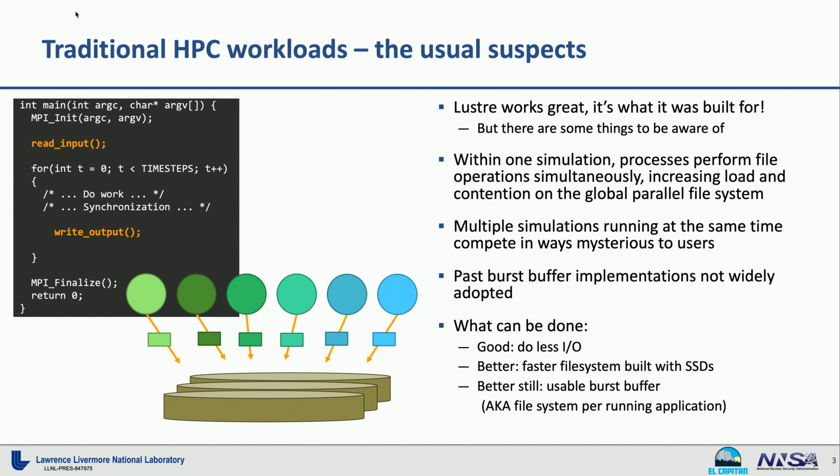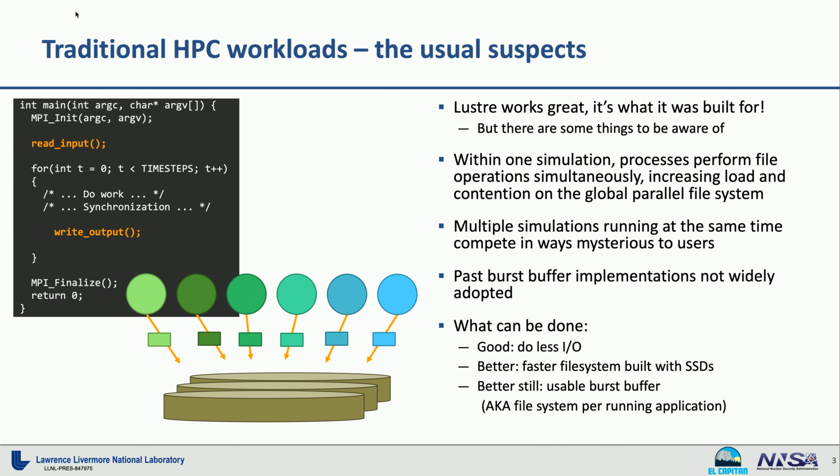What Rabbit storage is trying to help with is sort of two-pronged. On the one hand, we have traditional HPC workloads that we're all familiar with. Lots of threads all competing for bandwidth to the global file system. In our case, we often have many simulations running at the same time, either on the same cluster or different clusters.